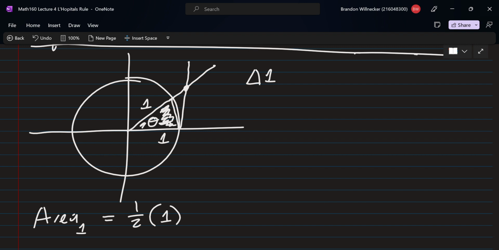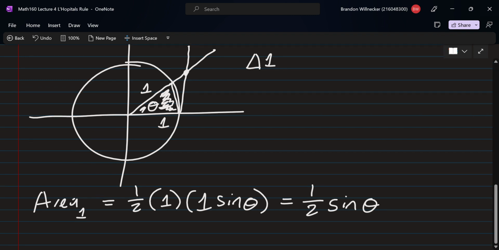That gives us the height. So that's going to be times 1, which is the hypotenuse, times sine theta. All those ones aren't doing anything, so we just end up with 1/2 sine theta. That's the area of that smaller triangle there.